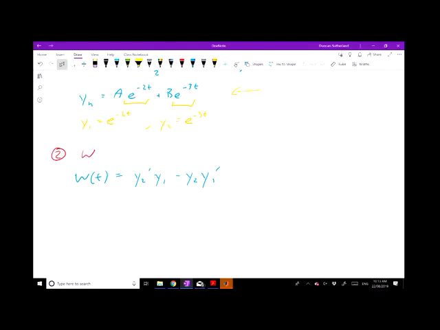I remember it as y2 prime as the first thing I write down. Then the next component of that determinant will be the other function, not differentiated, so y1, minus the other term in the determinant, so y2, y1 prime, right? So you swap the prime. That's just how I remember it. You might come up with some other mnemonic, or you might just rely on the formula sheet. Okay? If you're relying on the formula sheet, make sure you copy it correctly.